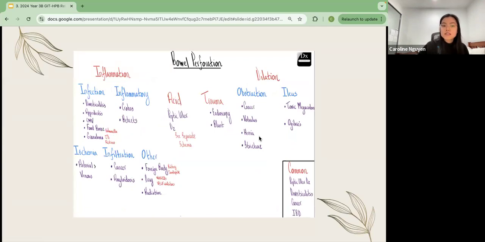Something has burst and you've got gastric contents in the peritoneum. That comes from diverticulitis, appendicitis, Crohn's, cancer, peptic ulcer when those perforate, volvulus, hernia, stricture, all of these.